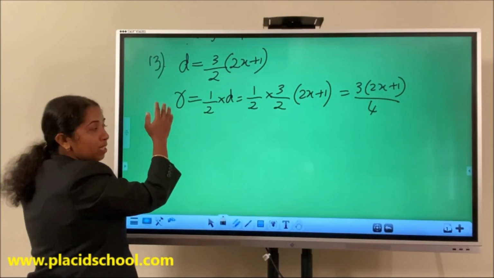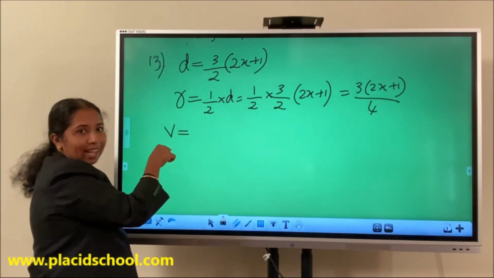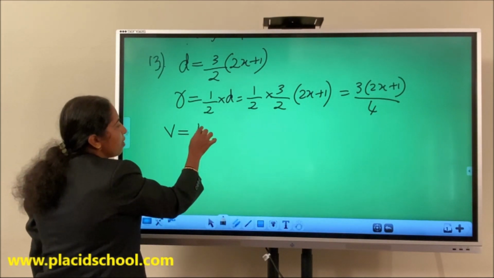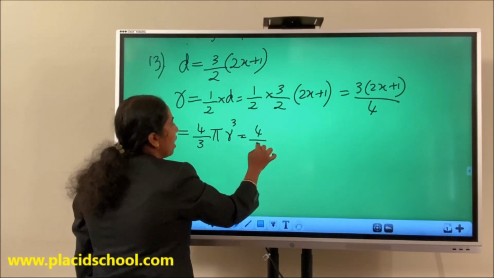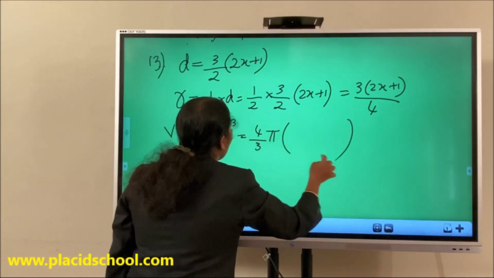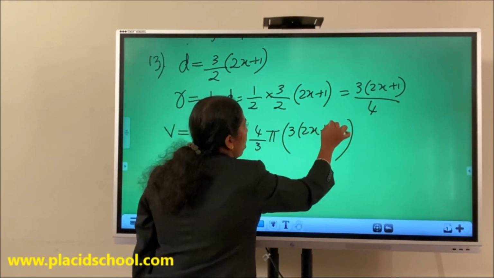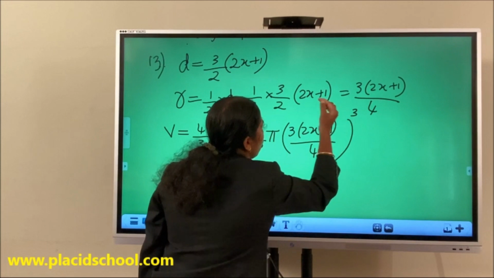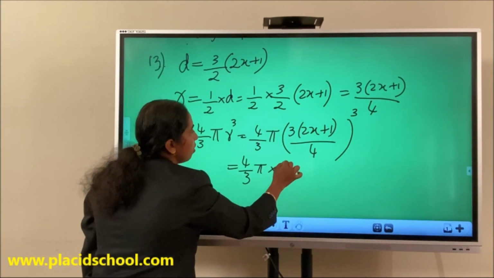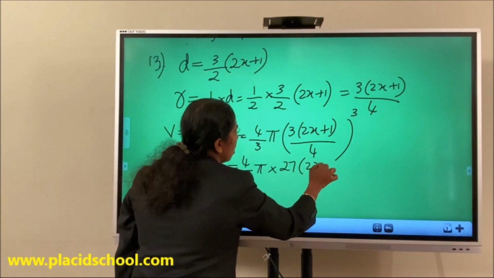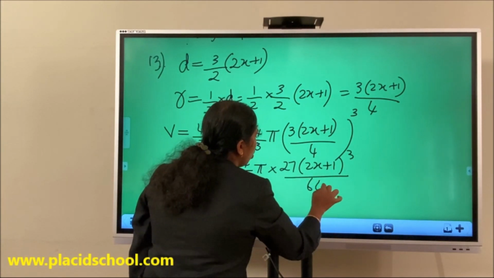It's a balloon, so the volume is the volume of a sphere. Now I am going to simplify the volume before differentiating with respect to x. Volume of the sphere is 4/3 π r³, which is 4/3 π into, instead of r, you can substitute (3(2x + 1)/4)³, which is equal to 4/3 π into 3³ (27)(2x + 1)³ divided by 4³ (64).